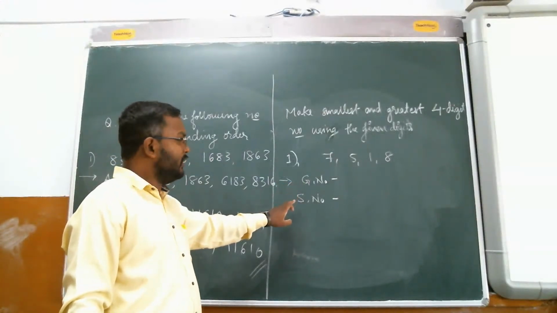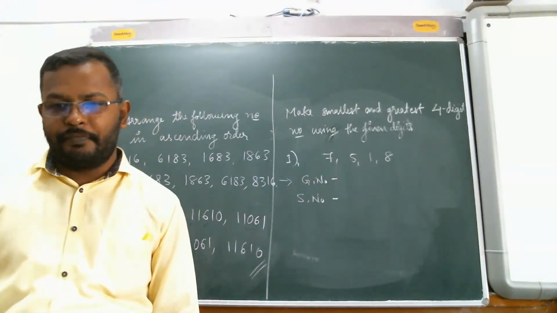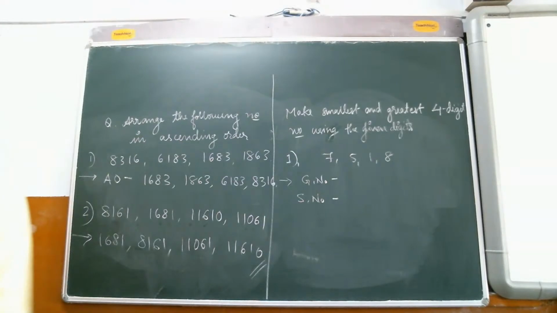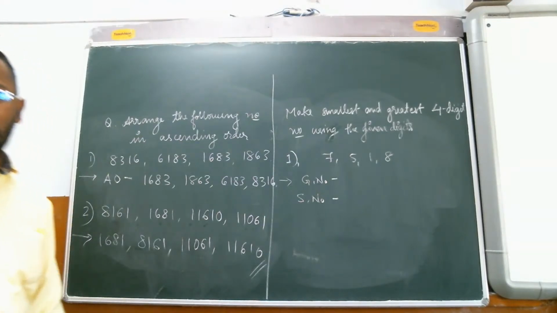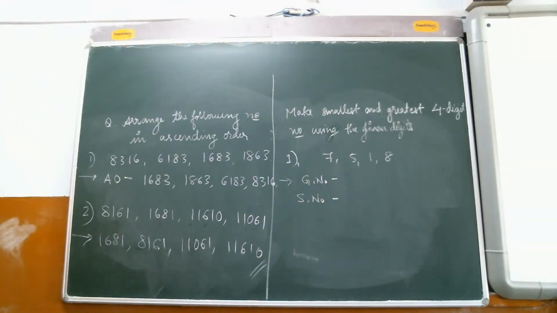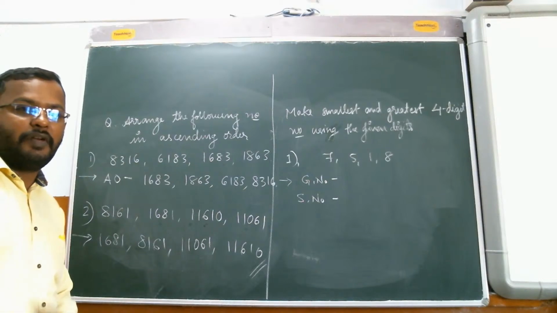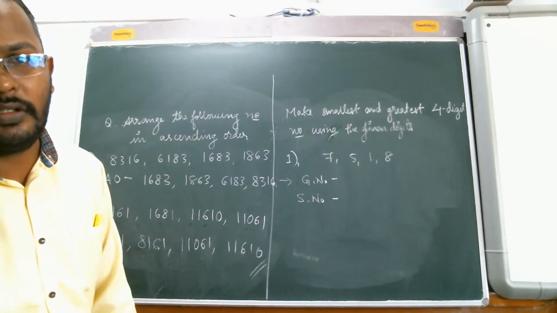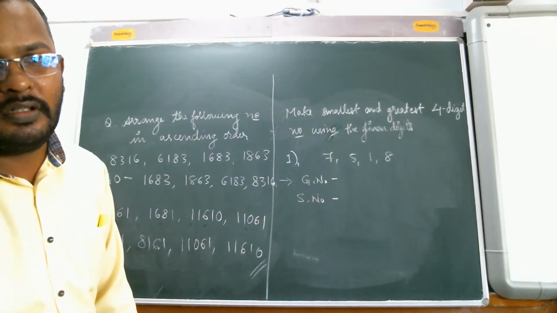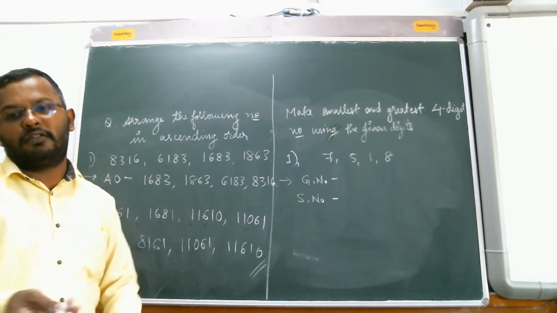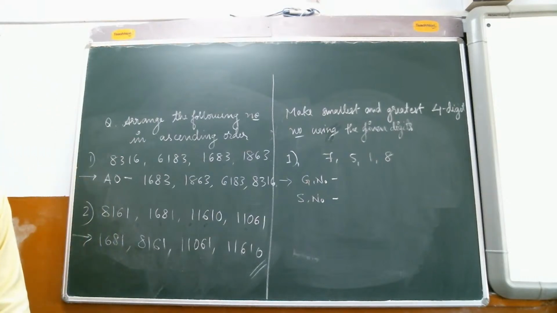Gn is greatest number, Sn is smallest number. Okay. So make both the numbers, greatest number also and smallest number also. So already Riyansh has given the answer. Let's wait for others.